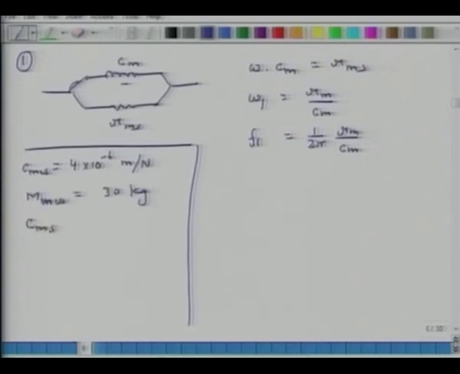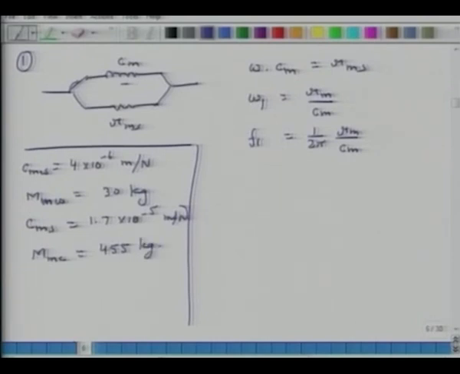CMS, which is the compliance of the spring, is 1.7 times 10 to the power of minus 5 meters per Newton. MMC, which is 1/4 the mass of the car, including the weight of passengers, is, let's say, 455 kgs. These are realistic numbers, so that you get a feel.